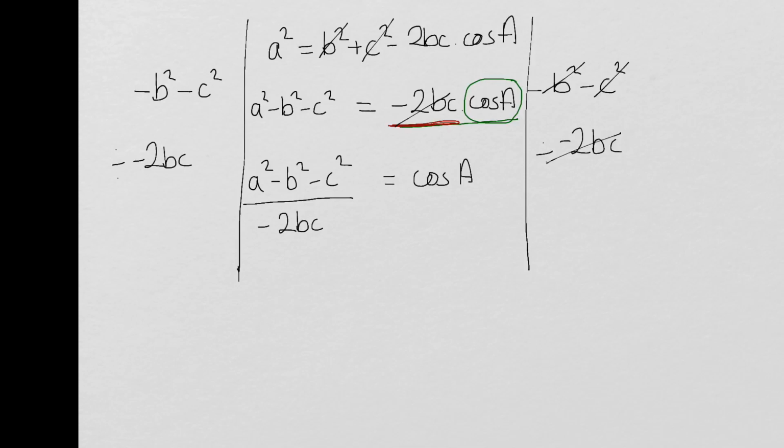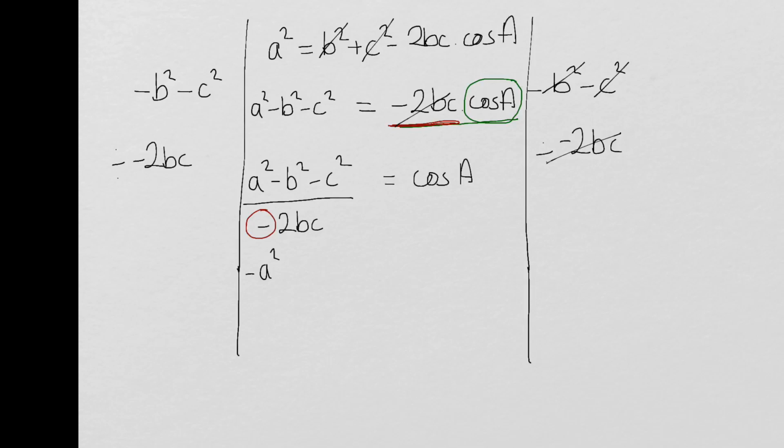Now, as I sort of hinted at in the previous part, what you've got is this negative here, which you can just multiply through the top row instead. So rather than having that negative at the bottom, if you multiply it through on the top row, you would get minus a squared.